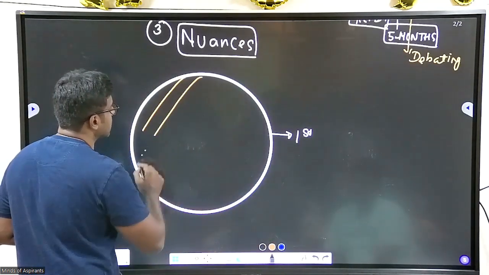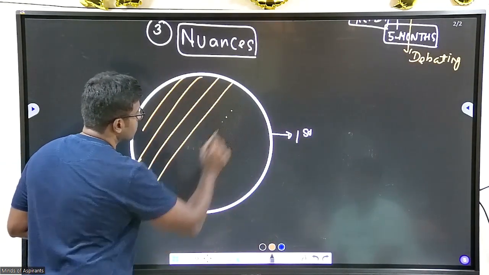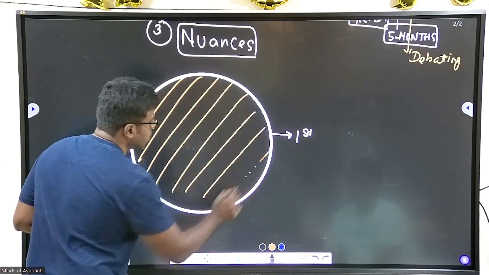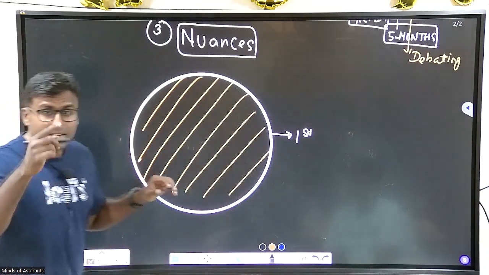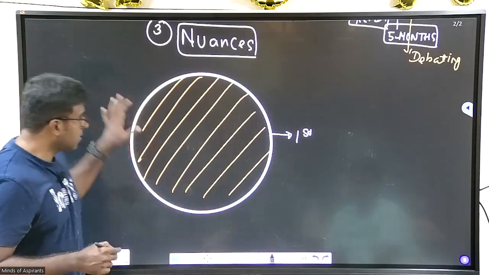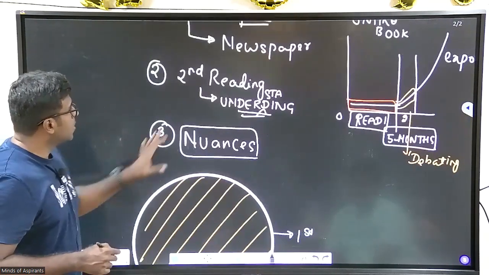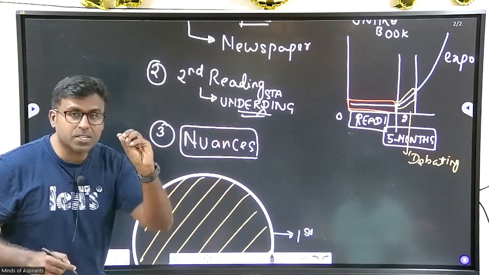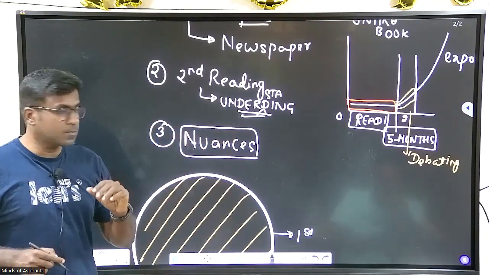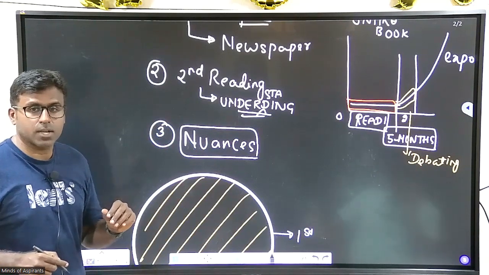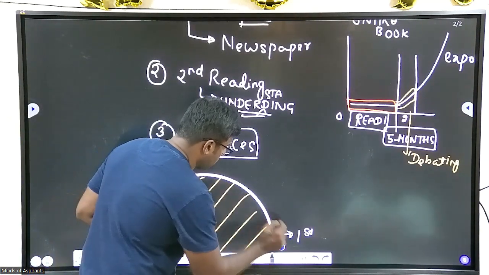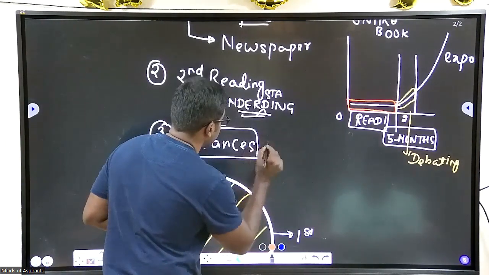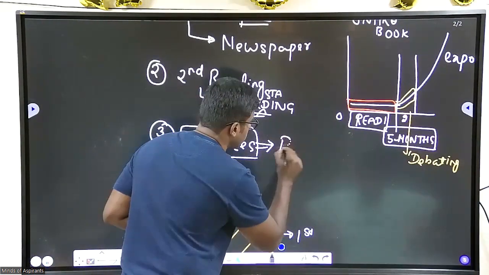So you will color like this. The third reading, this is the third reading. What happens in the third reading is that nuances have to be fixed into your brain. By nuances, what I am trying to say is the nuances of the previous year question paper.